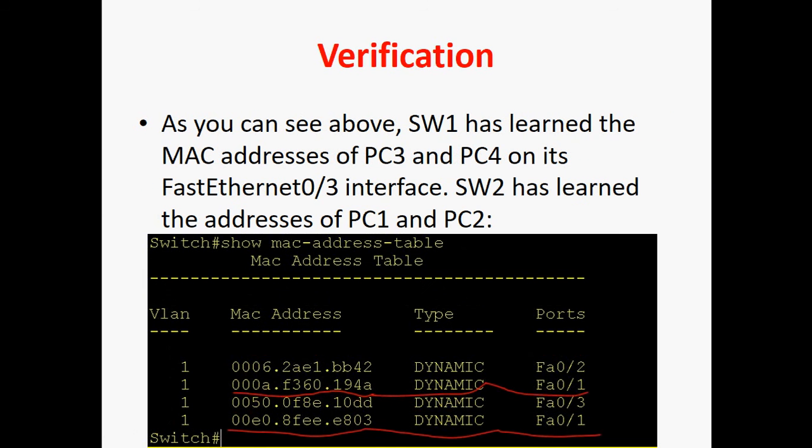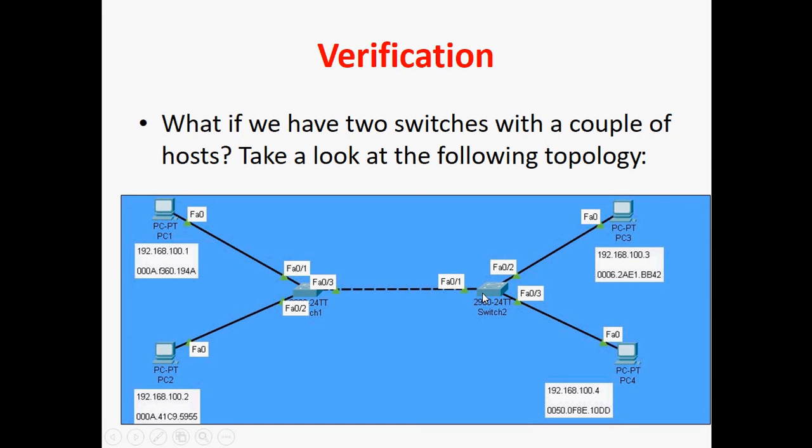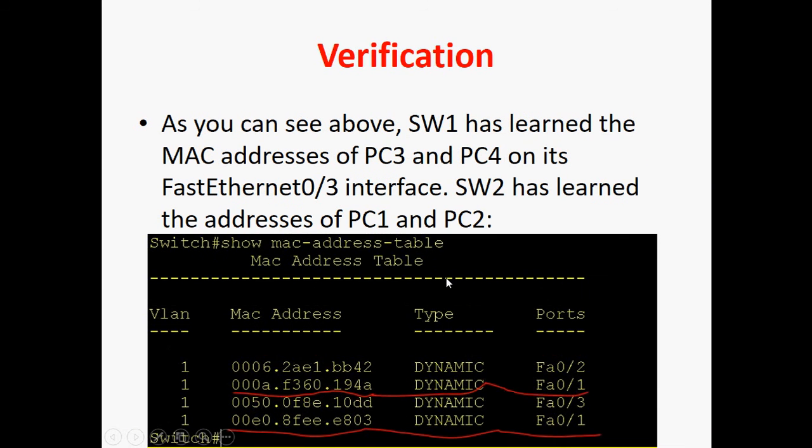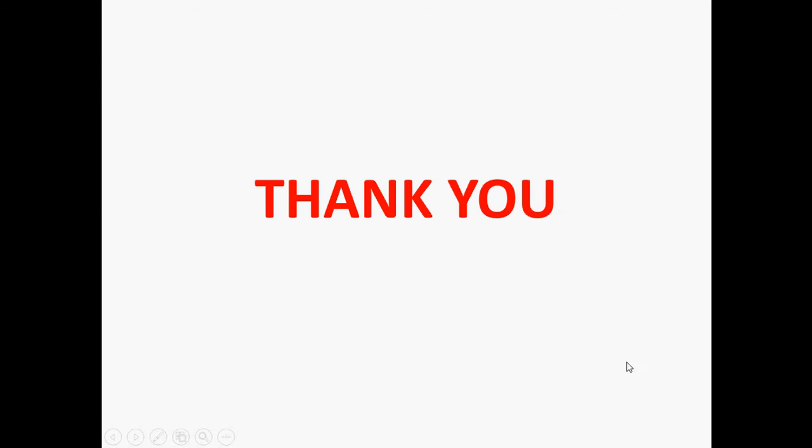Same as in switch 1, switch 2 is connected to switch 1 through FastEthernet 0/1. Switch 2 will learn the PC1 and PC2 MAC addresses through FastEthernet 0/1. That's why in the MAC address table we can see these PC1 and PC2 MAC addresses learned through the FastEthernet 0/1 interface.